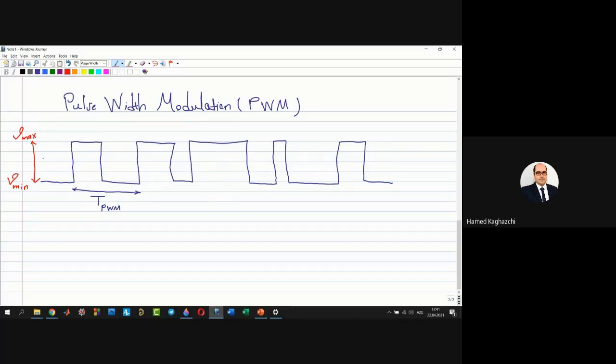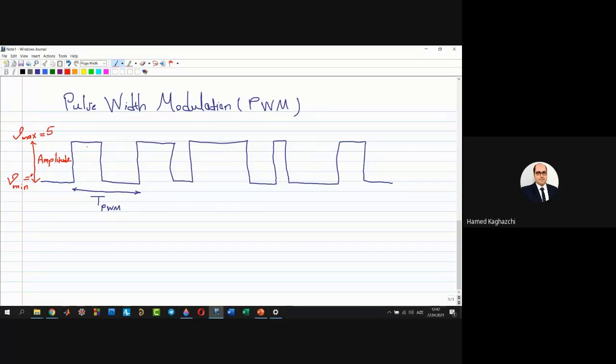For example, this is the amplitude, the difference between Vmax and Vmin. Suppose that Vmin is 0, Vmax is 5. It means that the amplitude of the signal is constant and 5 volts.